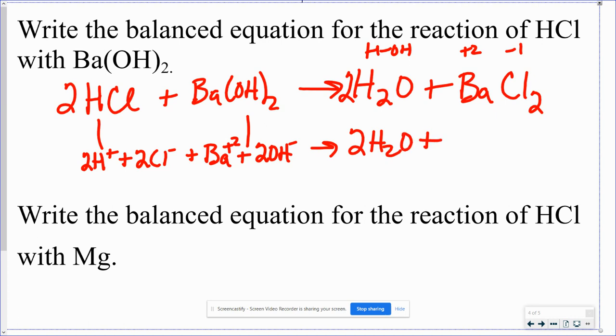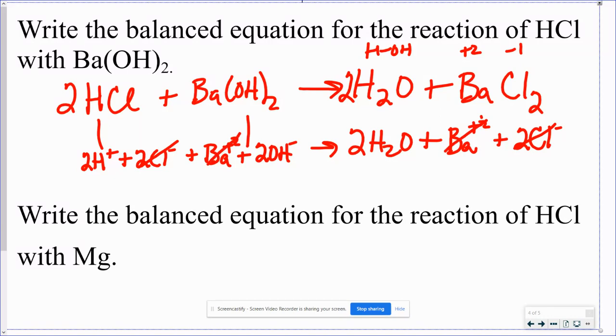And then barium chloride is soluble, so we get Ba2+ and 2Cl-. And then as we look to see, we are going to cancel off the 2 Cl- on both sides and the Ba2+ on both sides.